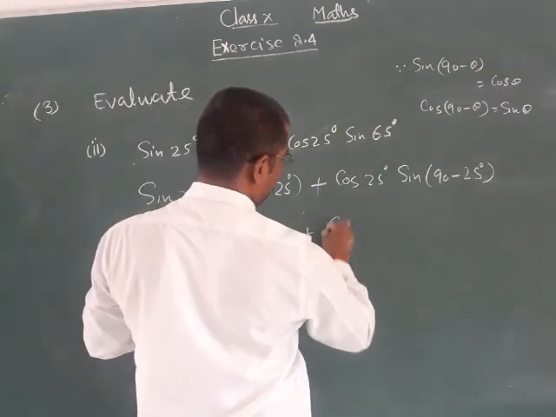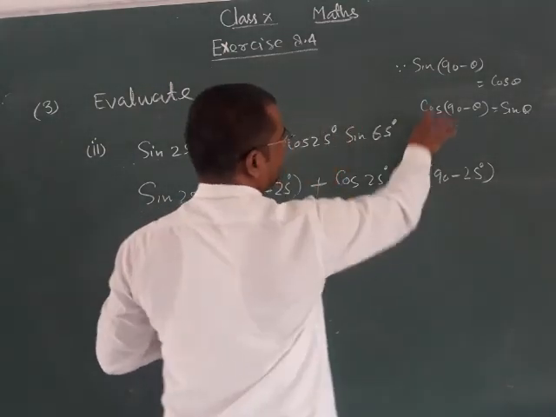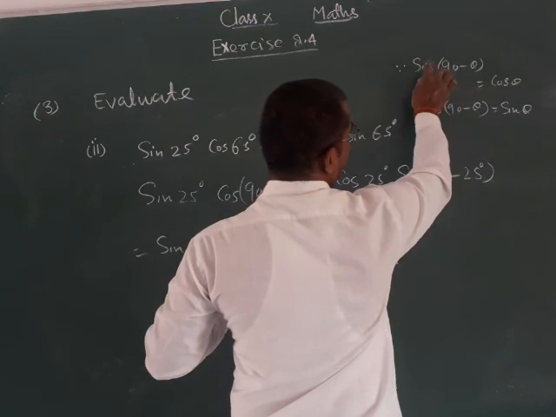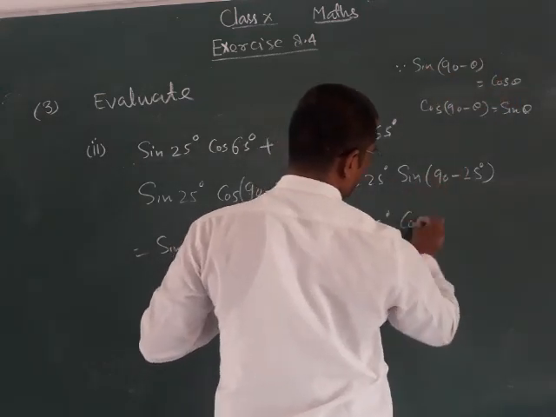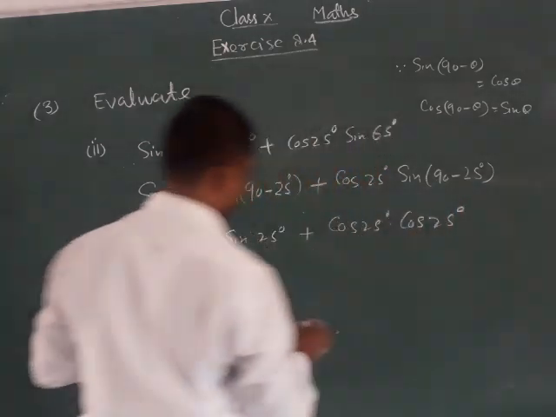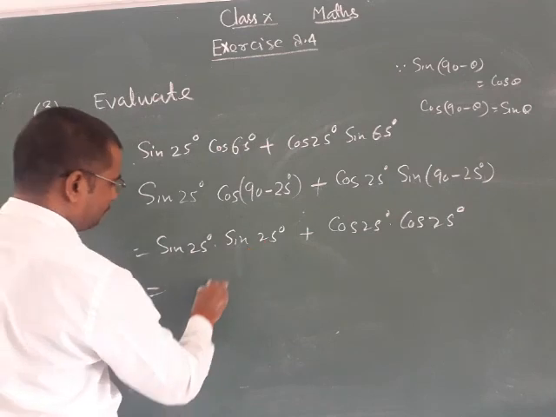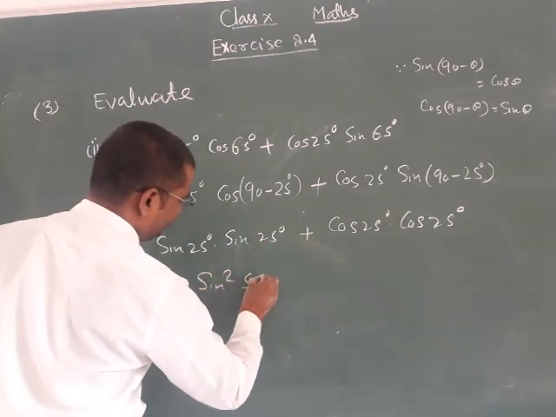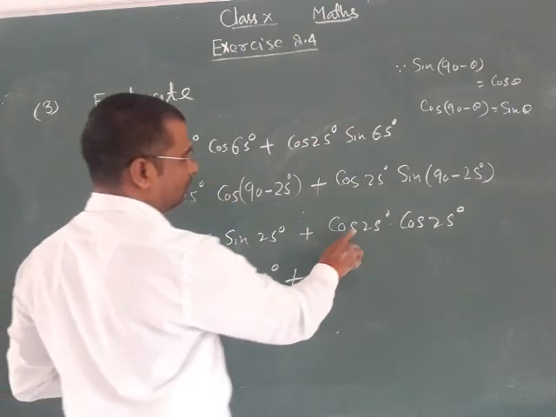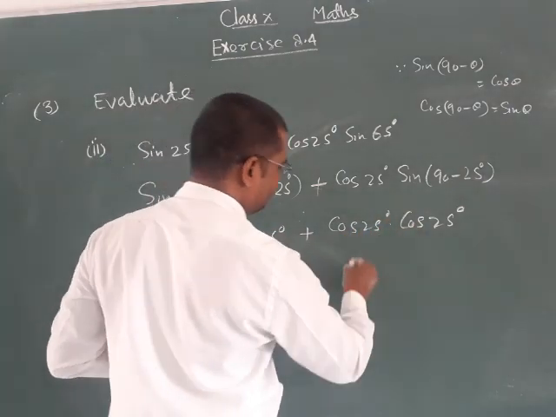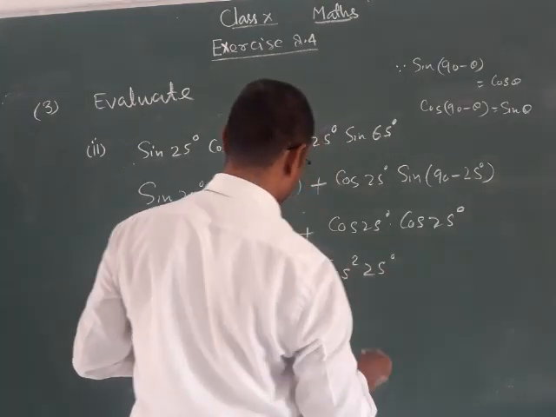Also you can change cos 25 degree plus sin 90 minus theta. Sin will be changed to cos theta. So sin cos 25 degree. So sin square 25 degree, and also cos square 25 degree.